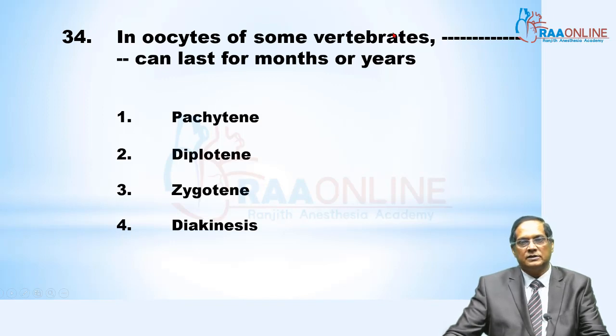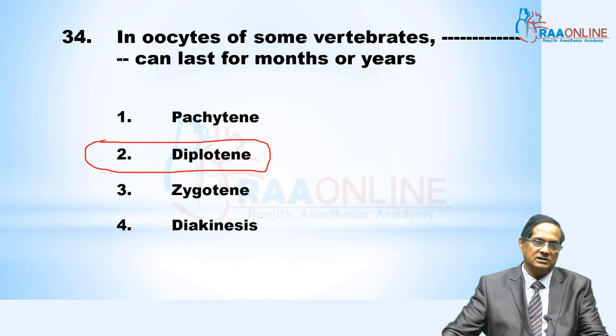In oocytes of some vertebrates, it's an informative, NCERT based question in cell cycle. You can clearly see, and the answer is diplotene stage. The answer is diplotene for the 34th question.